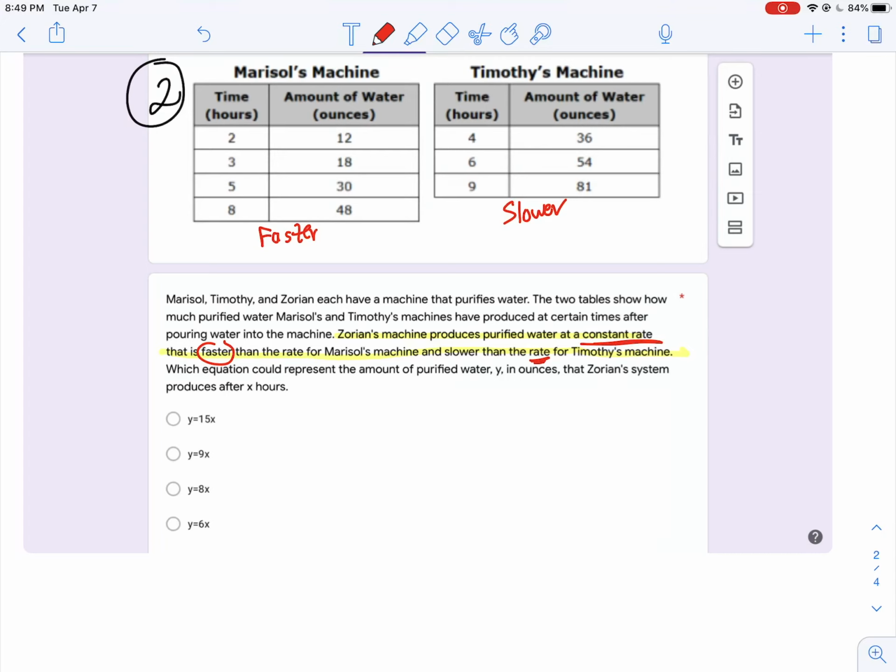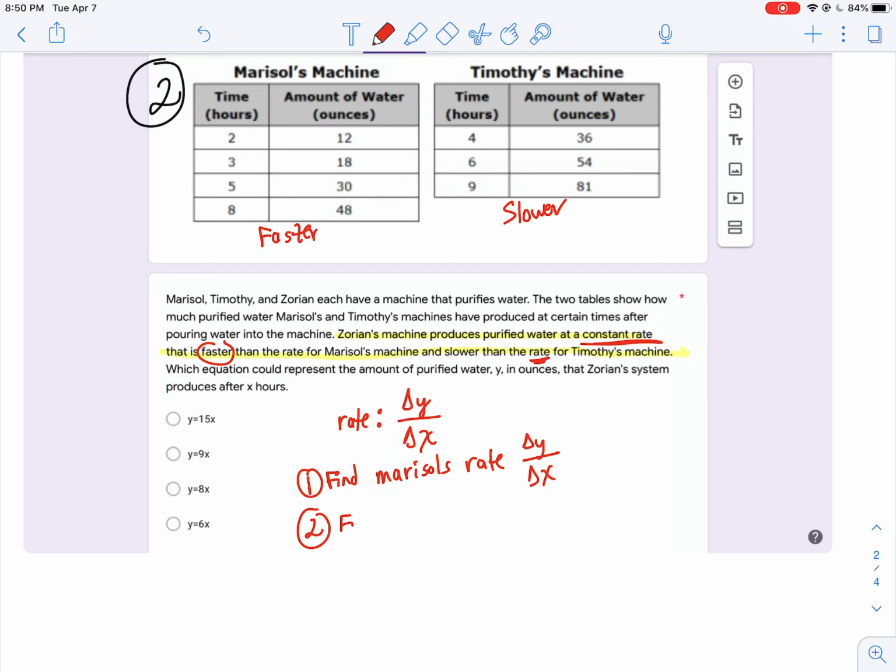And we learned this week that in order to find the rate, you need to do triangle y over triangle x. Okay, so what you need to do is you need to first find Marisol's rate by finding the triangle y over triangle x, which is the pattern for the y's divided by the pattern for the x's.